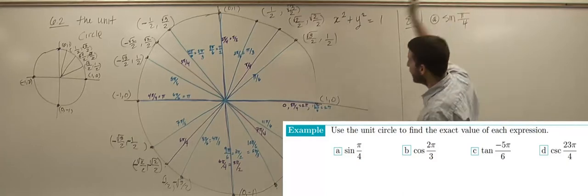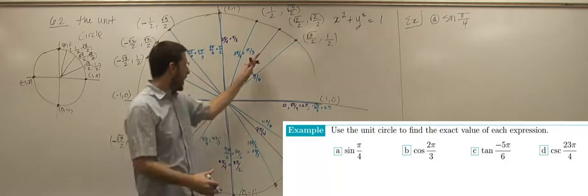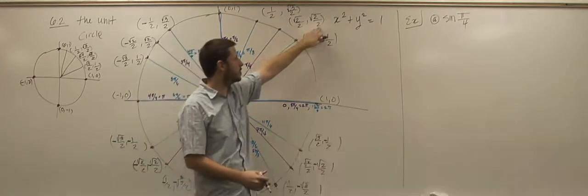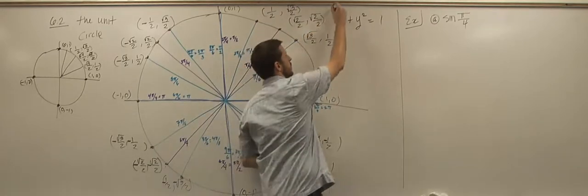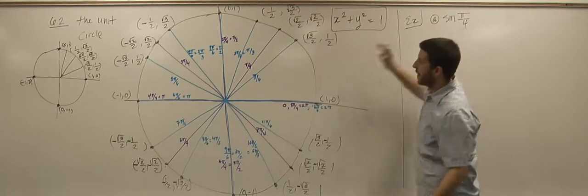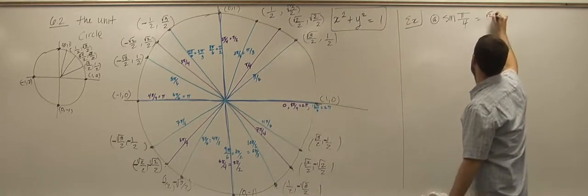If you have this picture in front of you, or even this picture, you just go to pi over 4, and you say sine is the y value, root 2 over 2. So to find sine of pi over 4, you go to pi over 4 and look at the y value. Easy peasy.